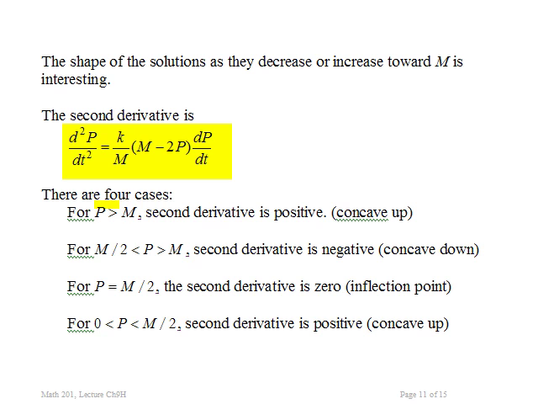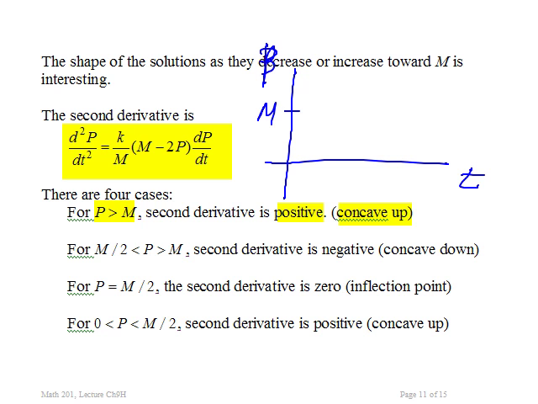If p is greater than the equilibrium, this second derivative is positive, the curve is concave up. I'm going to stop and draw that here, or sketch it poorly. Okay, here's time. Here's my population. That's a p, not a v. Here is m, and this is my equilibrium.